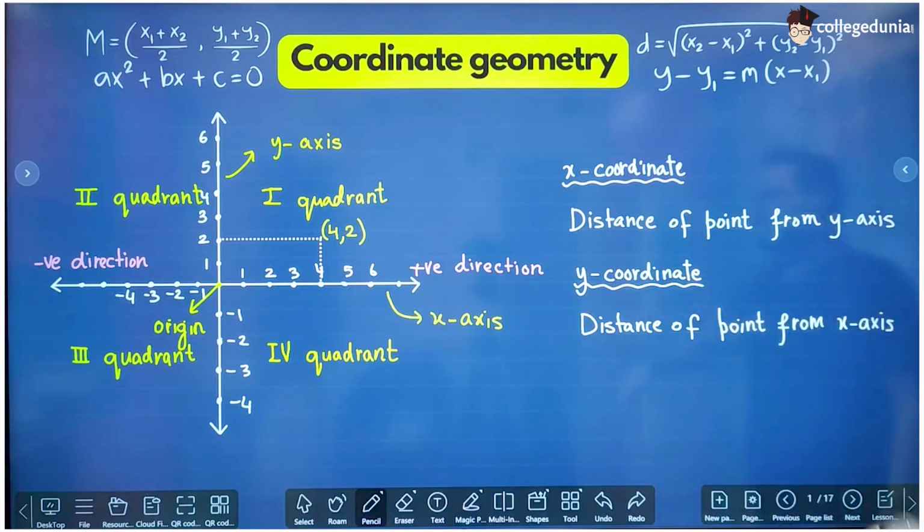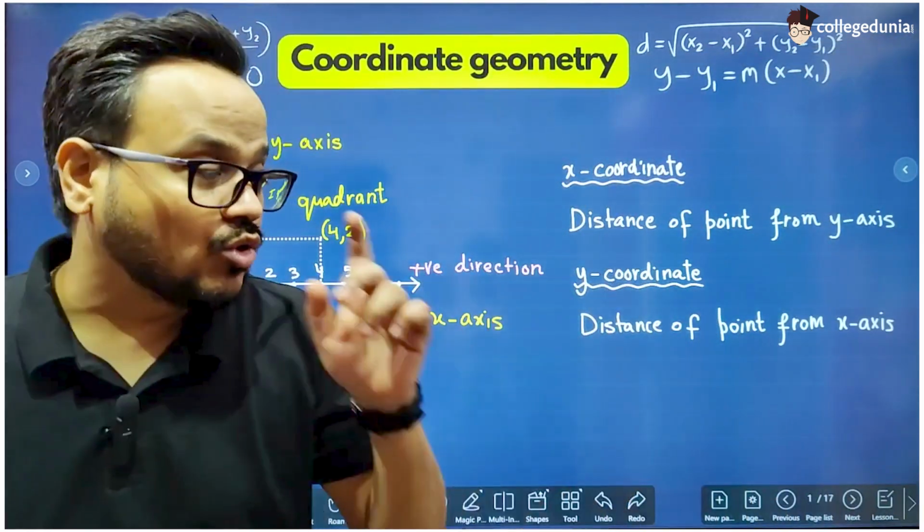Right? So these are the basic concepts, the basic terminology related to coordinate geometry.